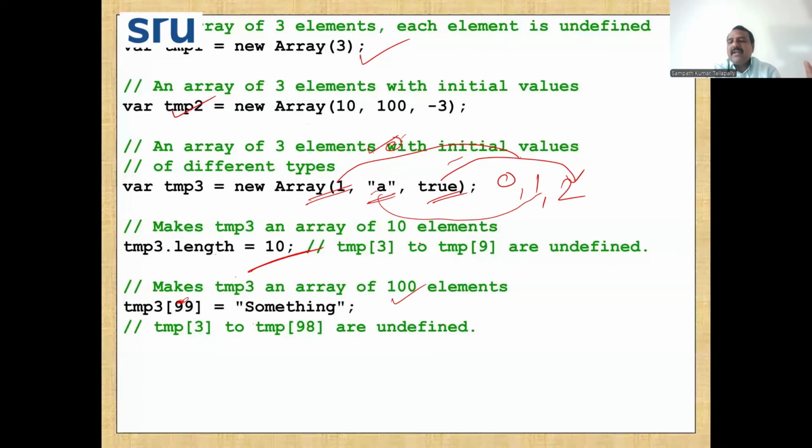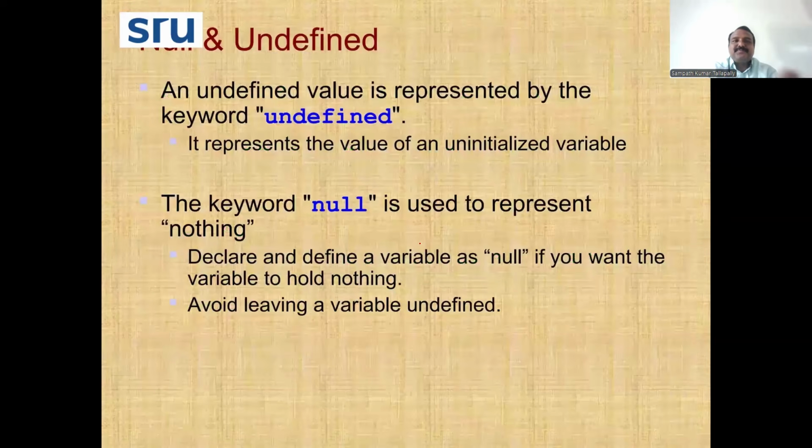It means that if I increase the index, automatically the size of the array is dynamically increased. And if you're not having any value in it, then it stores an undefined value.